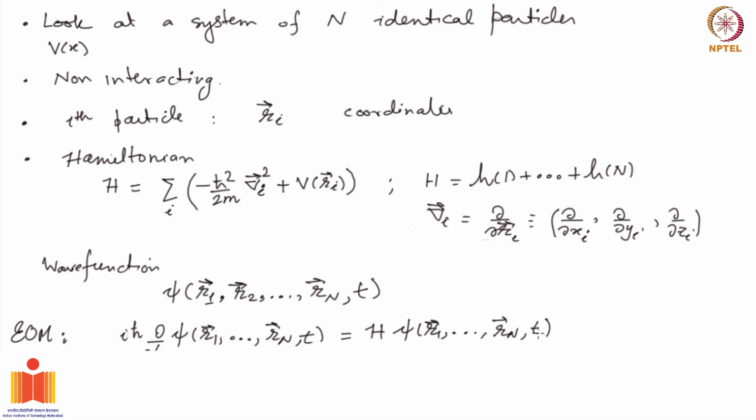Note that the Hamiltonian itself is symmetric under interchange of labels i. You see, H is this. So if you interchange 1 with n, for example, it becomes Hn plus so on and so forth, H1. So it's symmetric, and that is what you should expect, because you are looking at a system of identical particles. Since the particles are identical, you know that there are two possibilities.